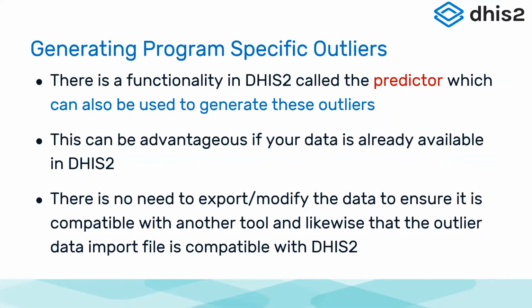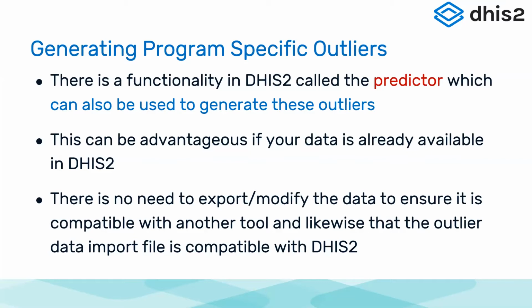So for that, DHIS2 has provided a special functionality called predictors. DHIS2 now has the capability to predict or calculate the required value for you in DHIS2 itself. So that means you don't need to export data, you don't need to use third-party software, and you don't need to import data back.